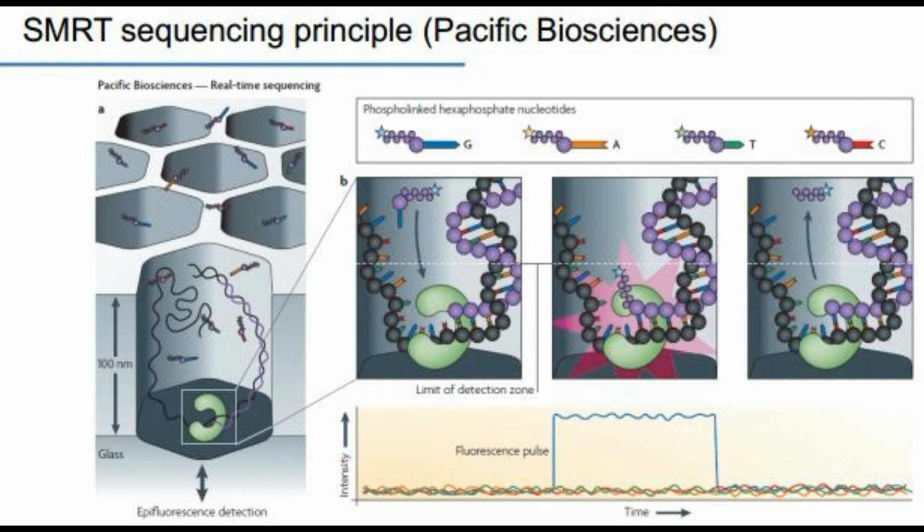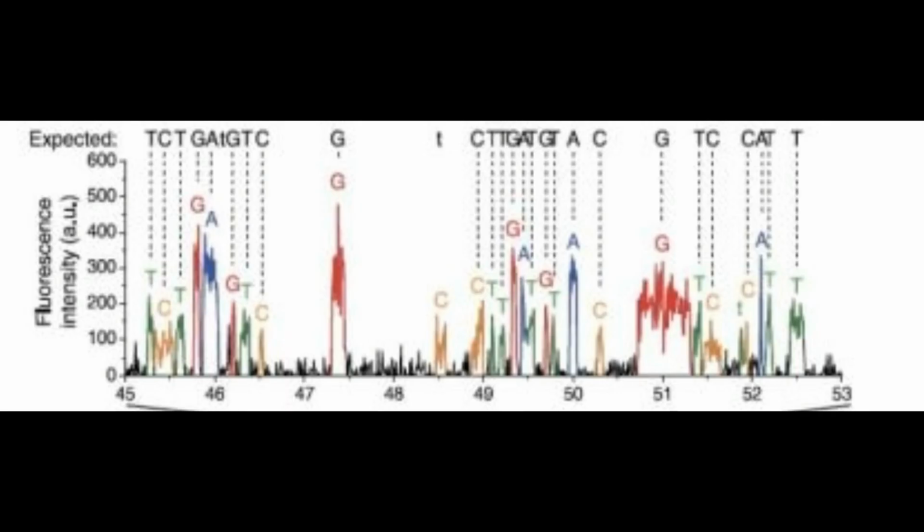So the DNA polymerase and this DNA template is immobilized on the bottom of the ZMW, and it is illuminated from below by a laser light. This ZMW nanostructure provides excitation confinement in the particular well, and it enables the detection of the individual nucleotide substrate. So we can see the fluorescence that is going to be released for every nucleotide, and then determine the particular sequence that this DNA template contains.